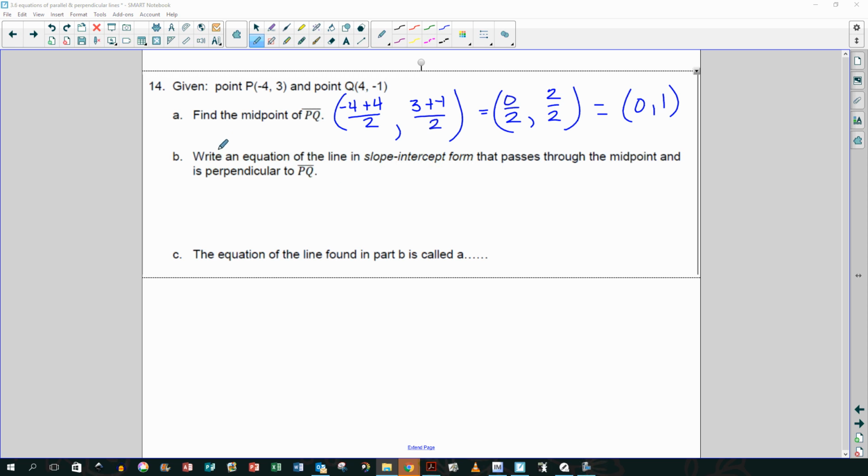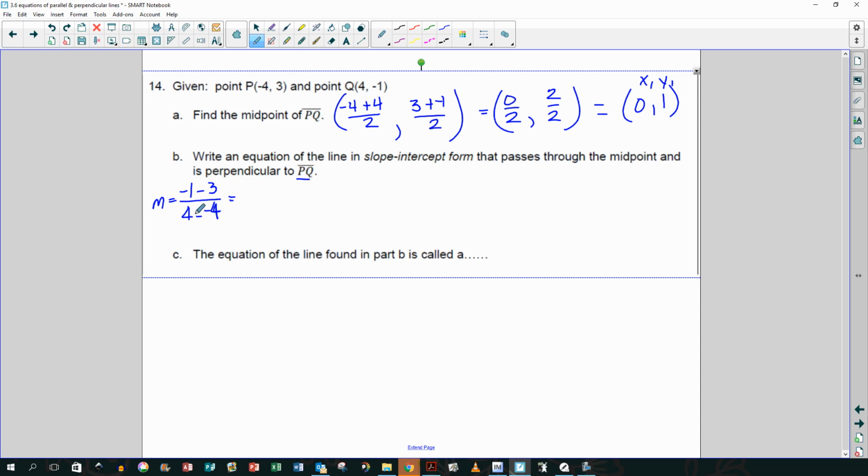All right, now write an equation of the line in slope-intercept form that passes through the midpoint. So here's your x1, y1 now. And is perpendicular to PQ. So not only do I need the midpoint, but I need the slope of PQ also. So the slope of PQ is -1 minus 3 over 4 minus -4.